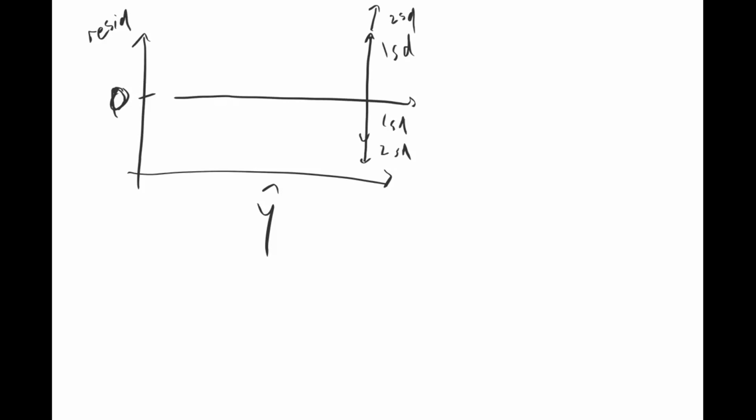And so if you had residuals that were evenly distributed around the 0, but that weren't normally distributed, let me draw an example of that. Say you had something that looks like this.